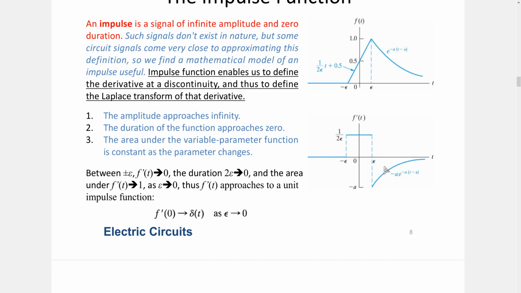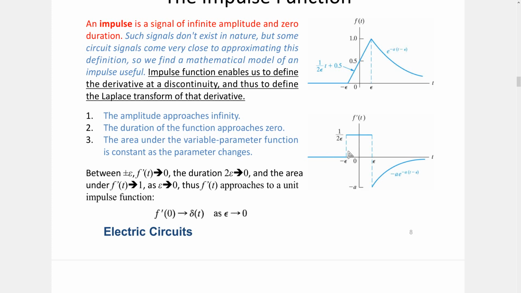So if we look at epsilon approaching zero, the value of the derivative between plus and minus epsilon will approach infinity, while the duration of this large value will approach zero. So the pulse will get taller and taller as it gets thinner and thinner.